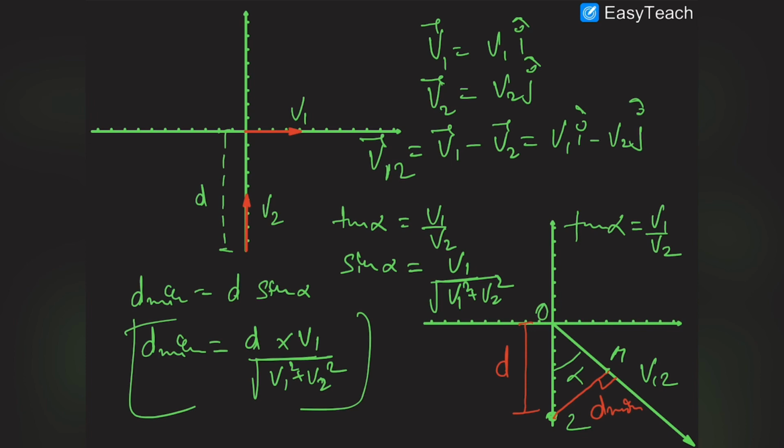I am recommending this vector approach, which is the best and shortest approach, and it is much less prone to calculation mistakes. But you can also try these problems by the maxima minima approach.